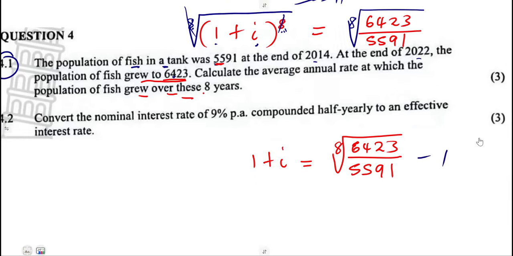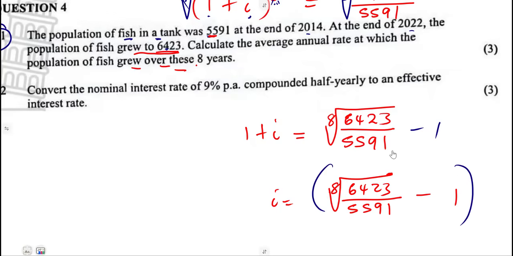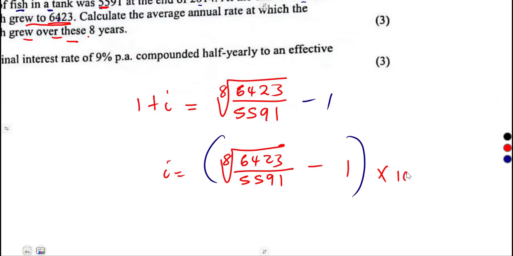So i is equal to the eighth root of 6,423 over 5,591, minus 1. Whatever we get gives us the decimal, so multiply by 100% to obtain the percentage. It was 0,01749 times 100%, which gives us 1,75% to 2 decimal places.